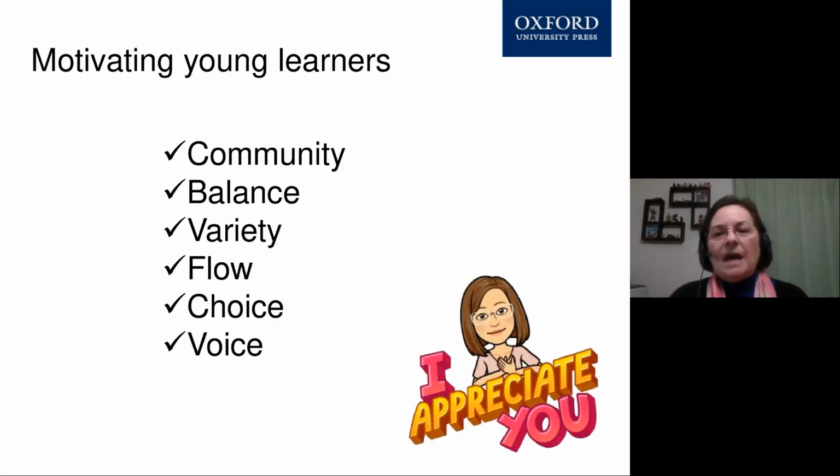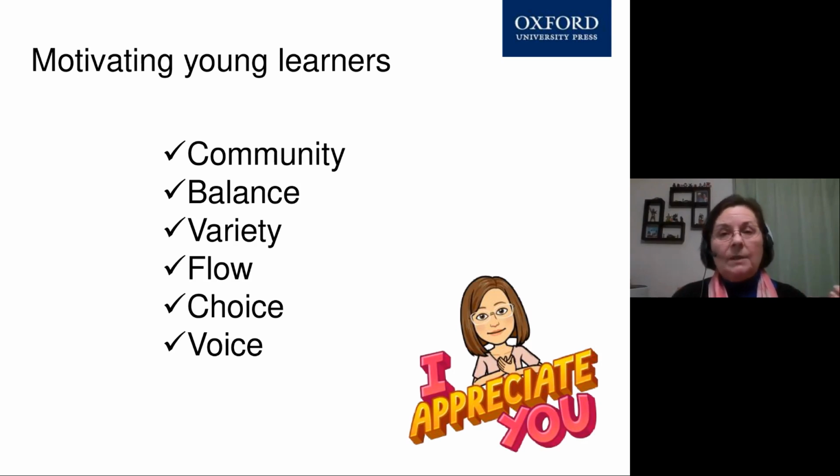Okay, so to sum up, the things that you should remember from this talk: to motivate your young learners, you need to build community. You need to find a balance between intrinsic and extrinsic motivation. We need to provide a variety of activities so that we are tapping into different kinds of motivation. We want to aim for flow.